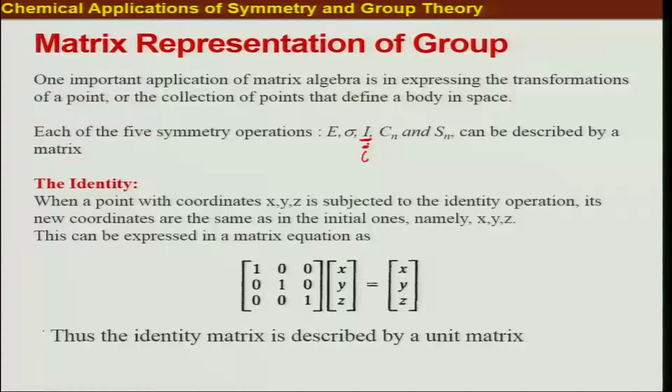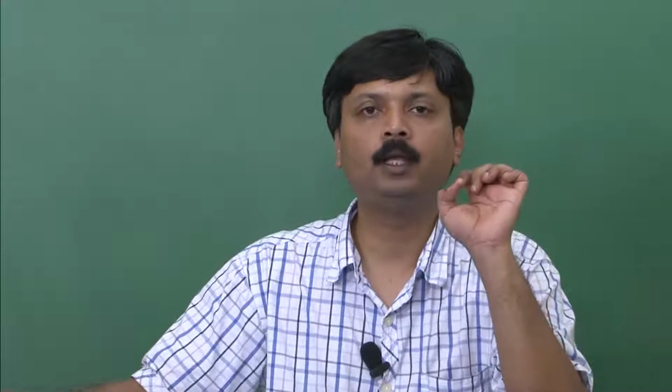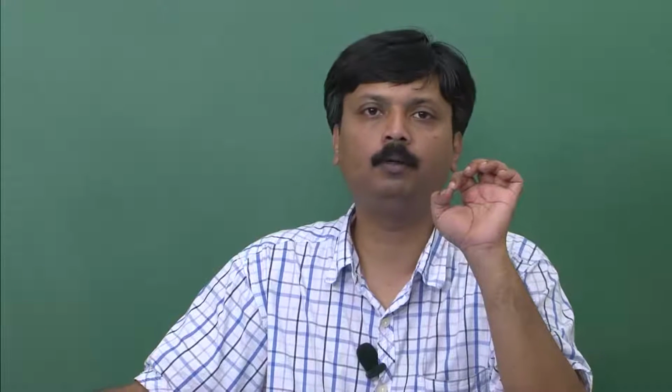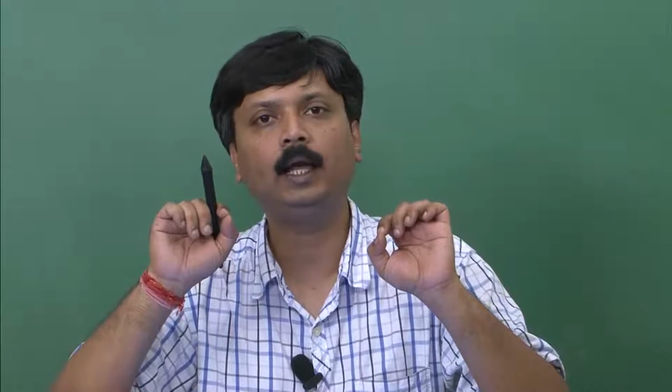So in the case of identity, we have no change as such, right? If one does nothing, you say that, okay, I have performed an identity operation. So if there is a point in a body whose coordinates are x, y and z, after the identity operation has been done on that point, what is the coordinate of that point? It is x, y and z.